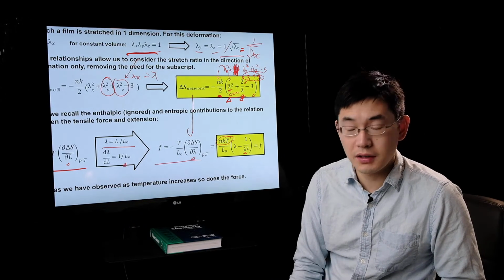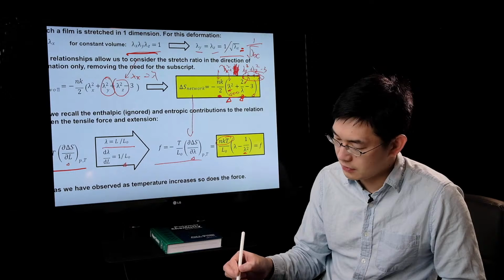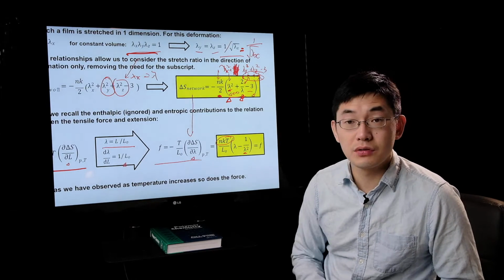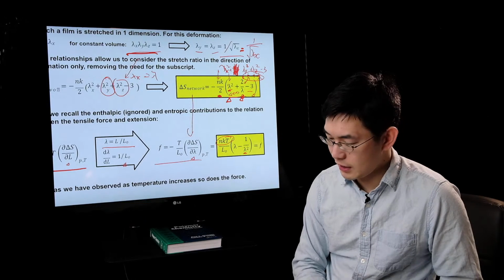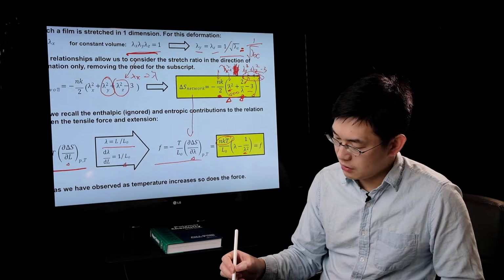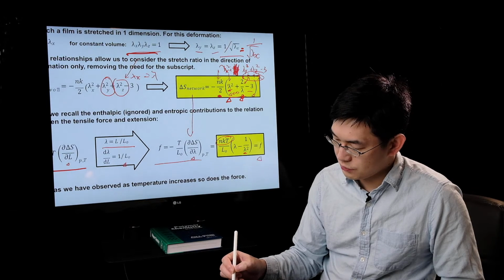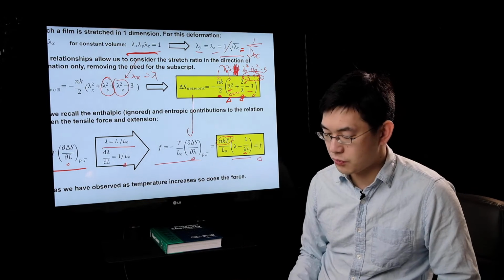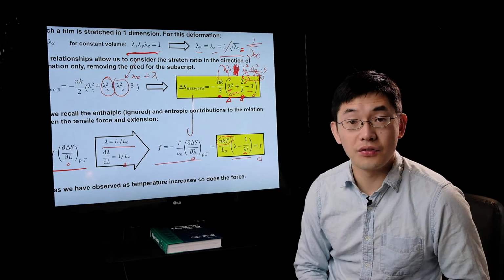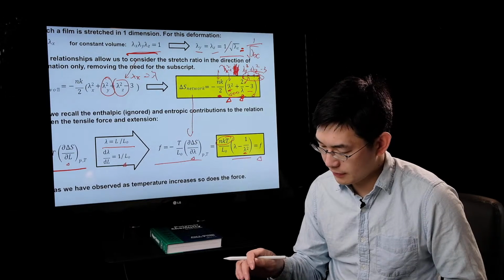Take a partial derivative, 2 over lambda becomes what you show here, and the constant, taking a partial derivative with respect to lambda, will go away. So in other words, now we can get the stress in relationship with your degree of deformation lambda for an ideal network.